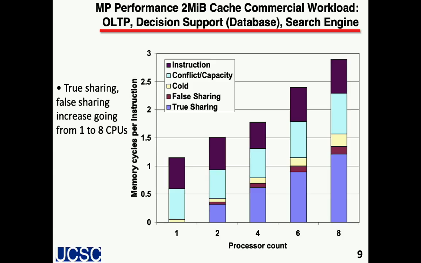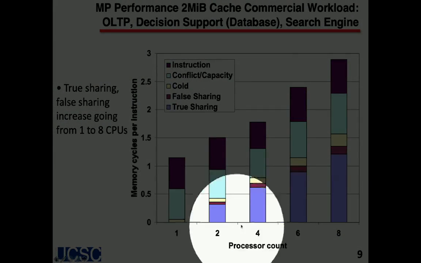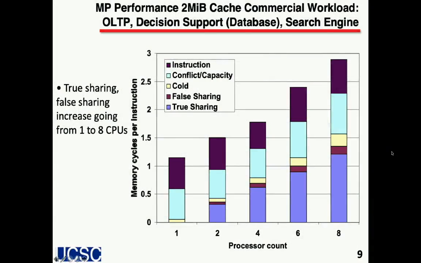Going from 1 core to 8 cores, we're actually going to increase our AMAT, or average memory cycles per instruction. Because with 1 core, we have none of these coherence misses. But as we add more cores, we're going to increase the number of coherence misses. What we're also going to see is that, of course, both true and false sharing increase. But in general, the coherence misses go up with more cores.